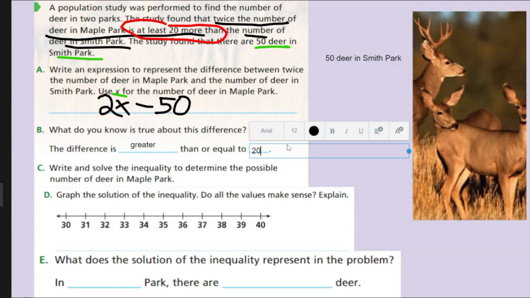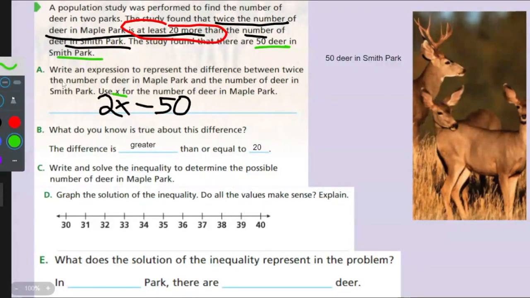All right. And again, this is a positive 20 because we know there are 20 more in Maple Park, right? So when we say that twice the number of deer in Maple Park is at least 20 more than the number, so in other words, 2x is going to be greater than 50 by the amount of 20.